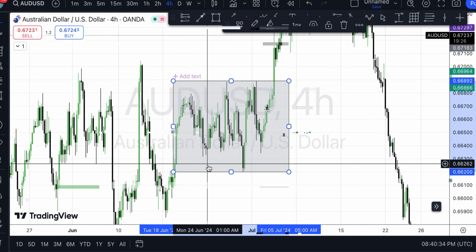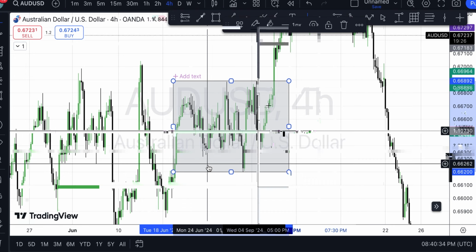When price breaks through a support or resistance level, it could signal a potential trend reversal or continuation. So number five is confirmation. Traders often use other technical indicators or patterns to confirm support and resistance levels before making trading decisions.